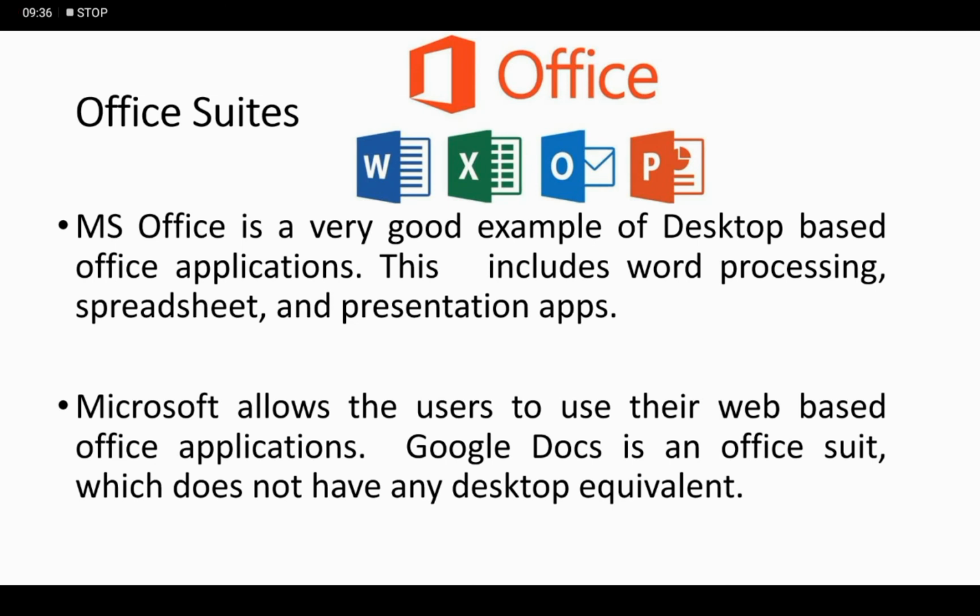To use these applications on our desktop, we just need to install them. We have to install the Microsoft Office package. After installing the Microsoft Office package, we can use all the applications of Microsoft Office.